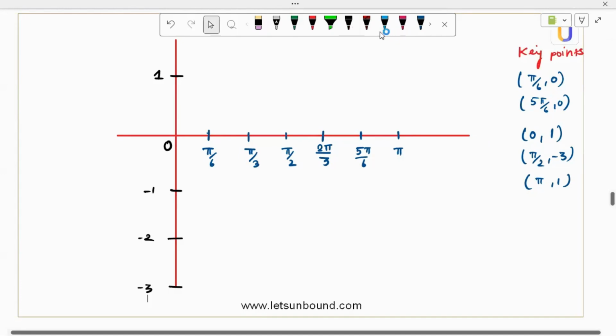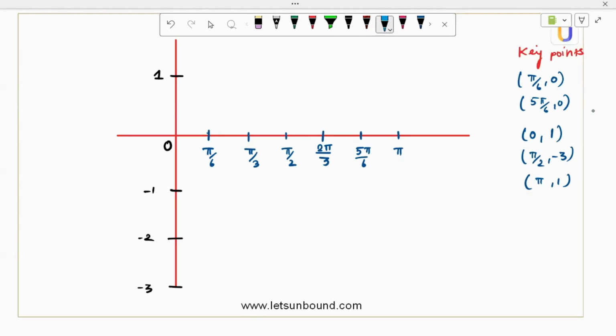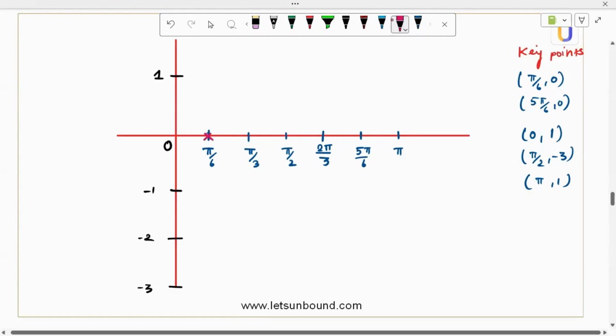And next part, graphing. Let's plot the point. pi by 6 comma 0. So this is crossing point. 5 pi by 6 comma 0. The graph will cross. And this is marked, 0 comma 1, at x it's 0. And then at pi by 2 it's minus 3. So direct here.